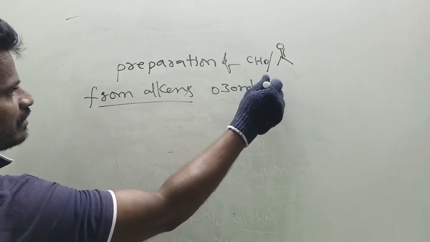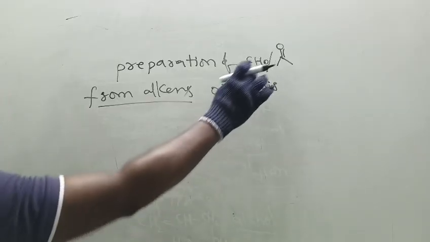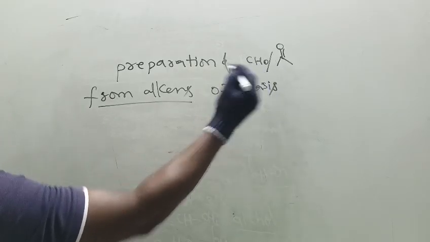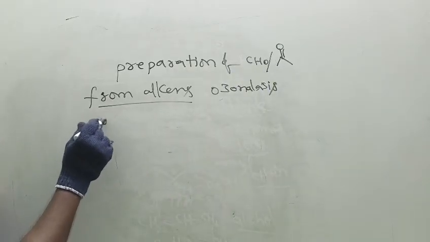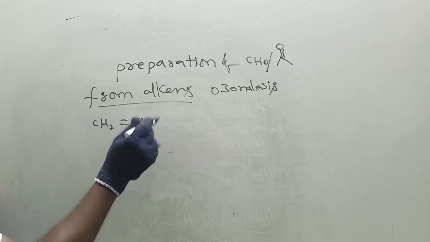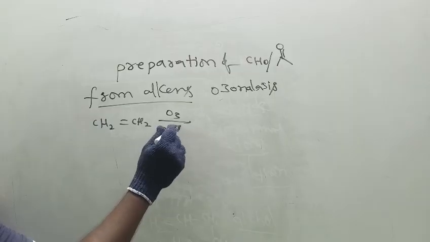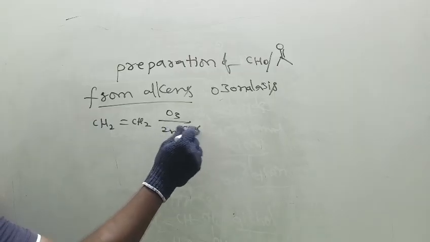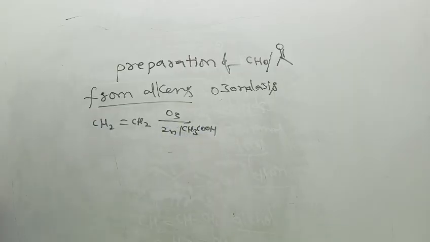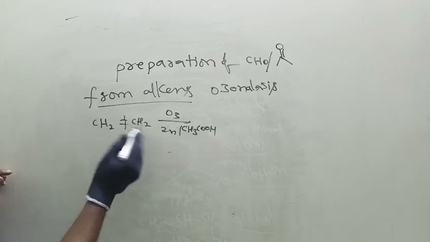ozonolysis reaction. In ozonolysis, there is an unsaturated compound. This unsaturated compound reacts with ozone followed by zinc and acetic acid, and gives the products. So about the products, we can write the product in ozonolysis. Break this double bond, add 1 oxygen to both sides.